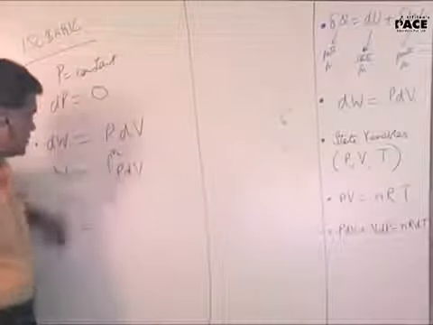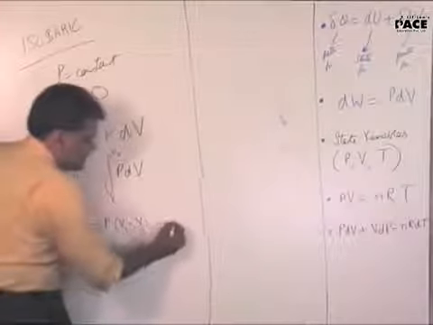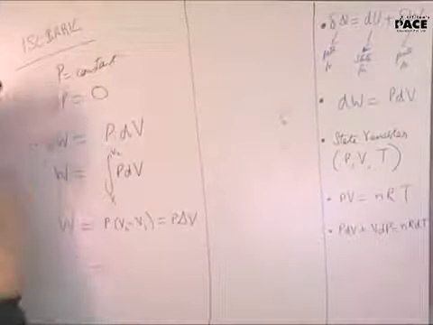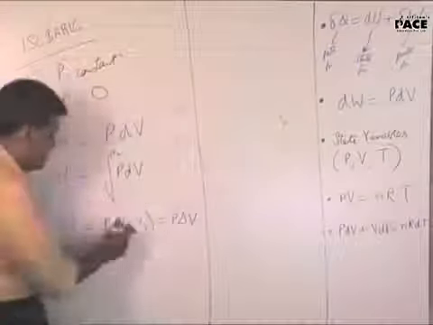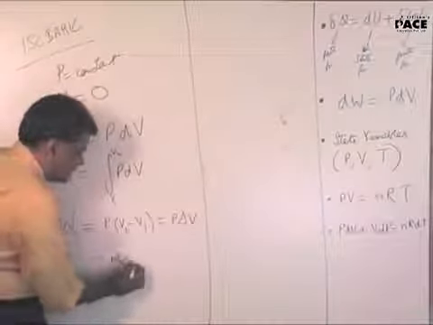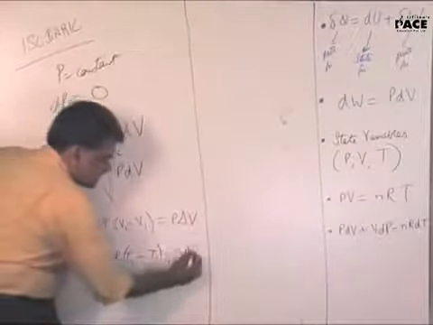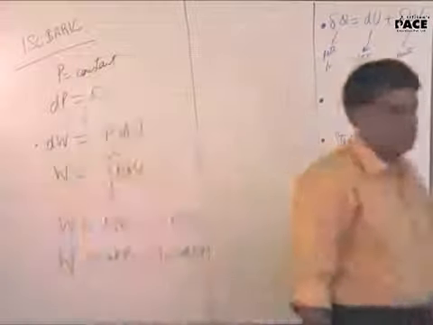Since pressure is constant, P can be taken outside and we get PV2 minus PV1, or P delta V. That's the work done. Alternatively, using the gas law, PV2 is nRT2 and PV1 is nRT1. This is also the work done in an isobaric process.